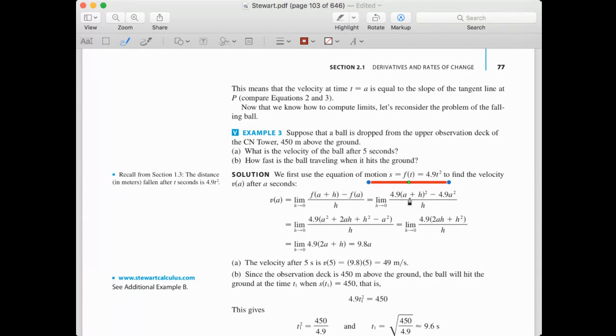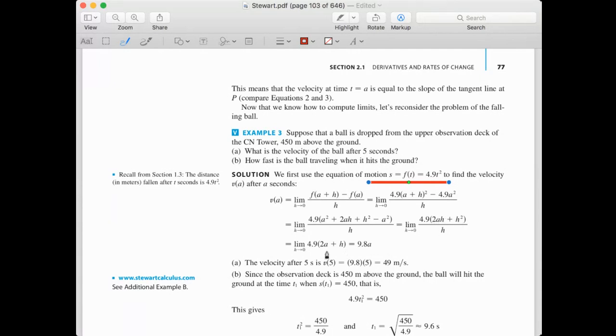The input is A plus h, so we get 4.9 times the input A plus h squared minus 4.9 A squared, divided by h. We expand this perfect square, so we get A squared, h squared, 2 times A times h. A squared minus A squared is gone. So we have 4.9 times 2Ah plus h squared, and both terms have h.